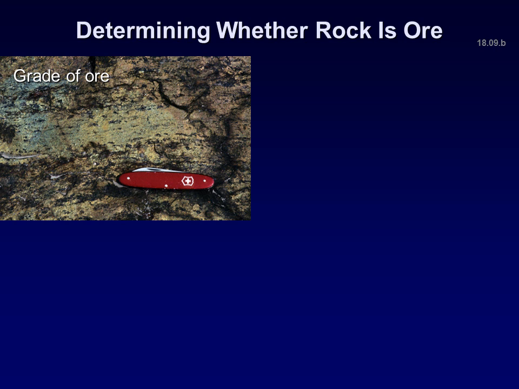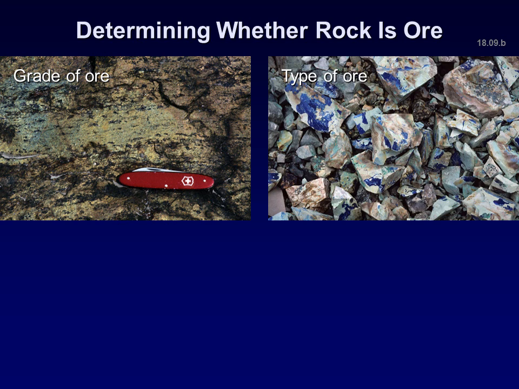Okay, meaning does it have a lot of the commodity we're looking for, or does it have less of the commodity we're looking for and more of some other type of rock? Okay, so if it's a high concentration of the mineral we're looking for, that's high grade. If it's a low concentration, that's low grade.